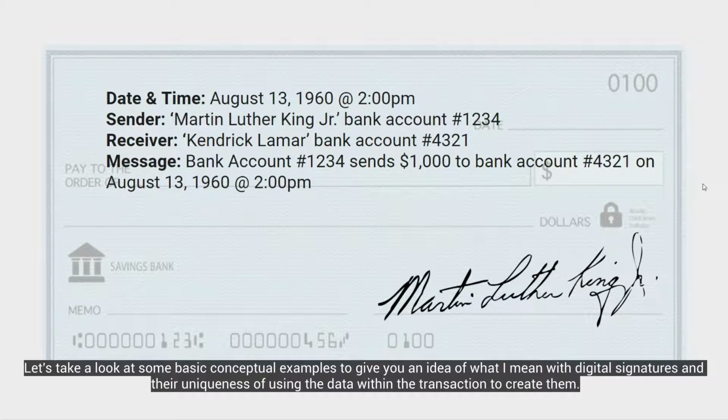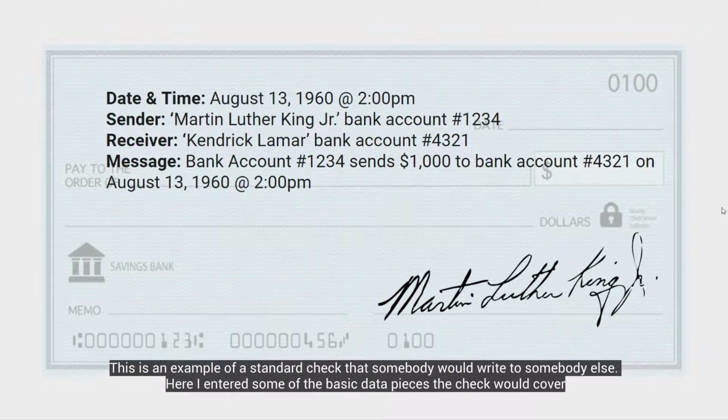Let's take a look at some basic conceptual examples to give you an idea of what I mean with digital signatures and their uniqueness by using the data within the transaction to create it. What you're looking at here is the standard check that somebody would write to somebody else. Here I entered some of the data pieces that the check would cover.